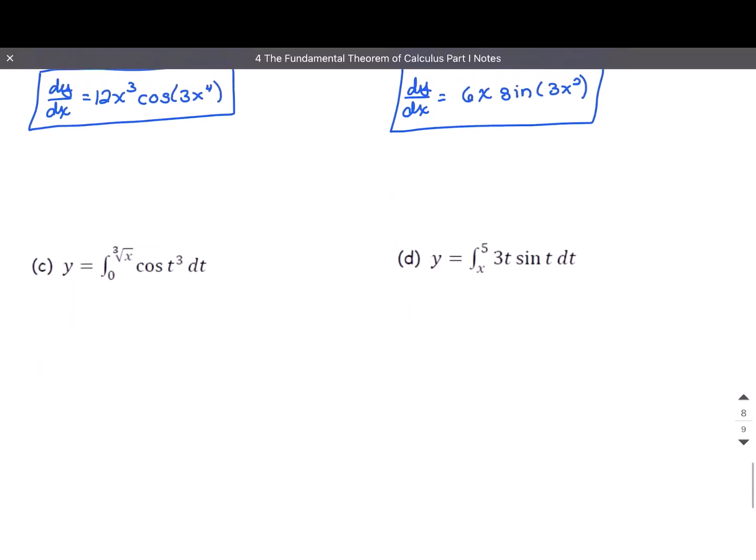All right, and then of course I give you one that's a little trickier. Now remember, we have here y equals the integral from 0 to the cube root of x of cosine t cubed dt. So remember, that's really the integral from 0 to x to the 1/3.